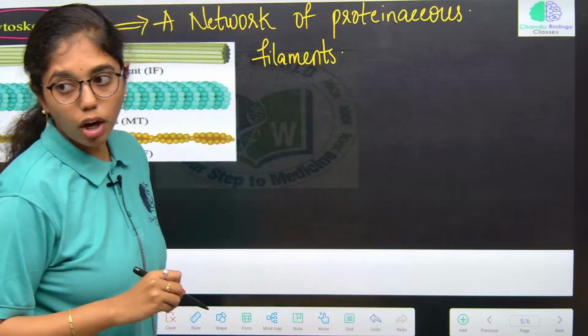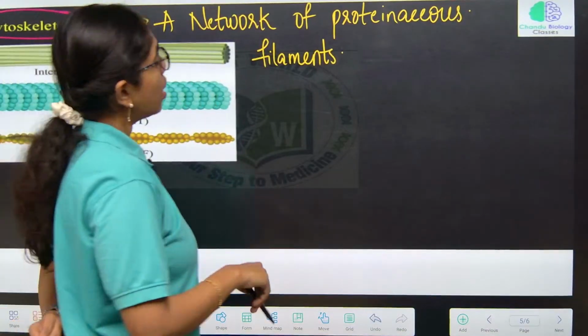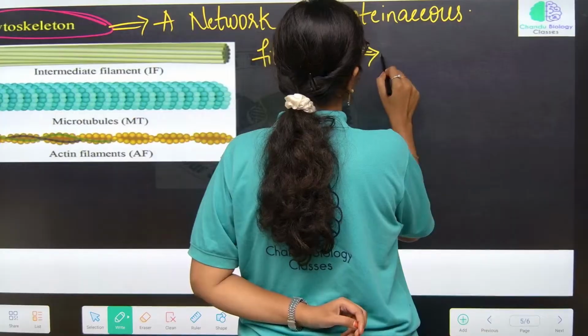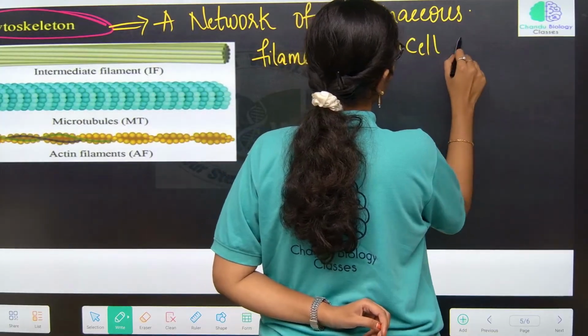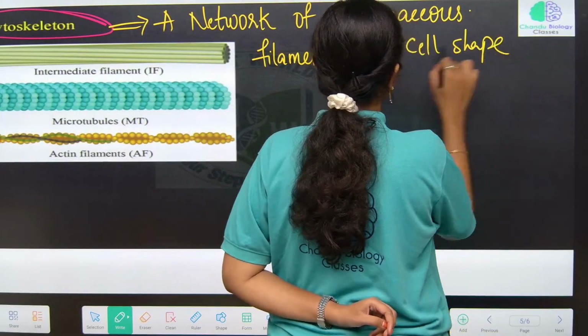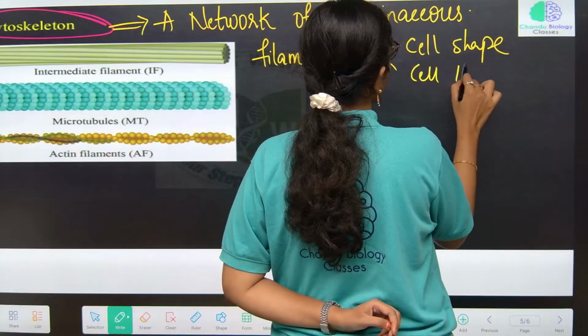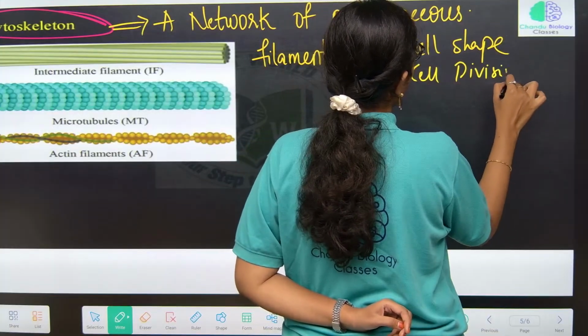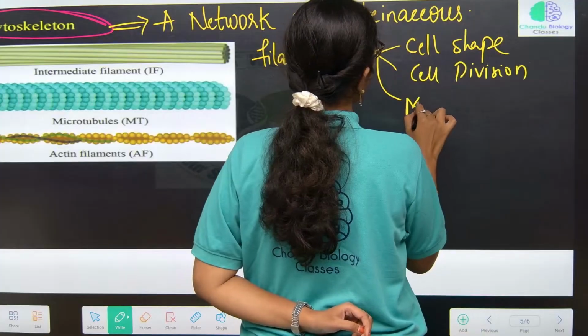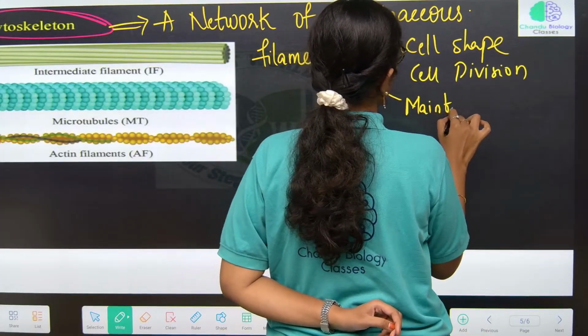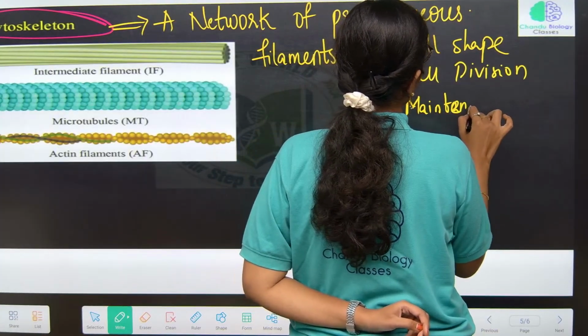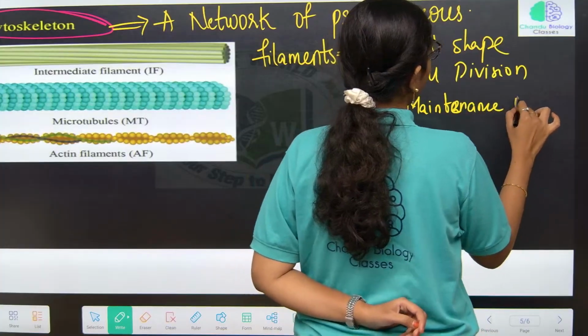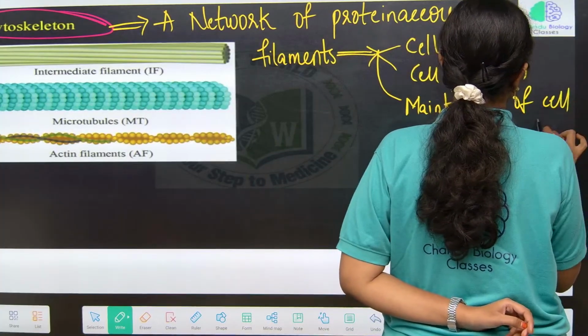Cytoskeleton is a network of proteinaceous filaments which gives cell shape, aids in cell division, and also helps in maintenance of cell shape.